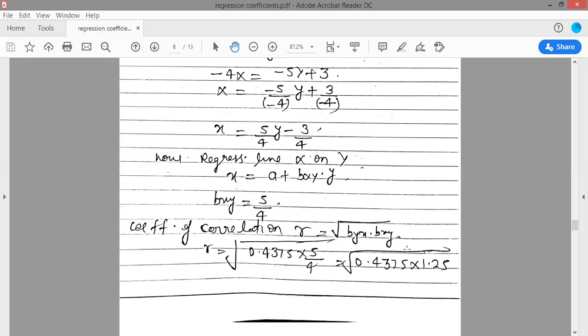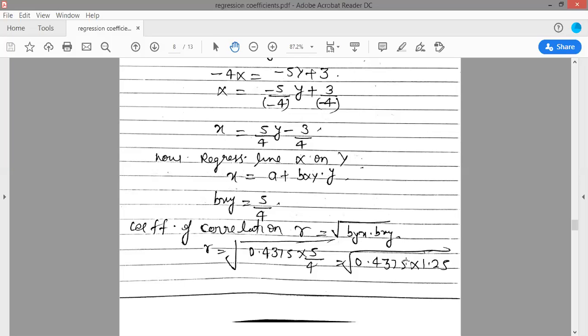So r is equal to square root of byx into bxy. I have discussed this formula in our previous videos. So just check your previous videos, then you will find this formula. Am I right? Now r is equal to square root of this one. So just take the square root and you will get your coefficient of correlation.